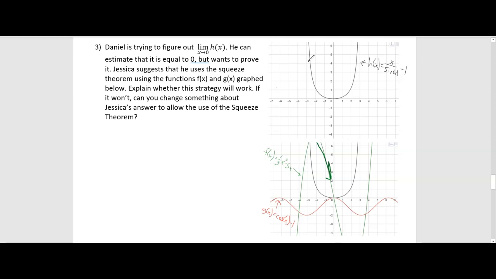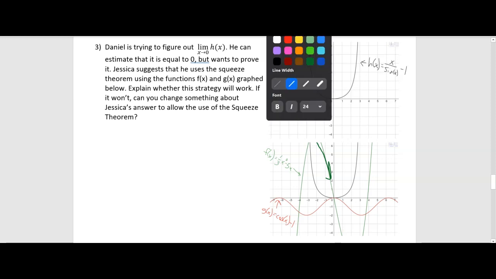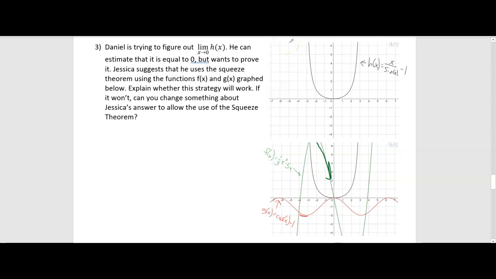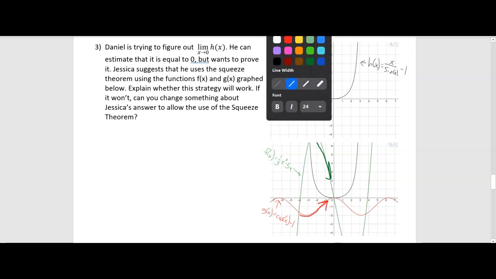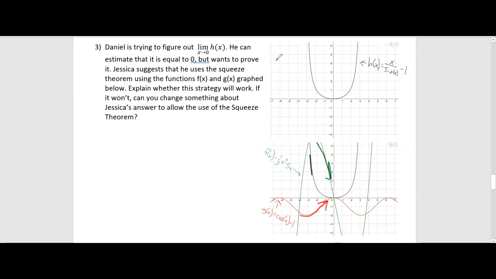Now, you may notice something that is off about this. Maybe it looks a little different. We'll come back to that in a second. She also chose another function, g of x, that's the red function, that looks to be the function she chose to be less than the other two functions. So we can kind of see how this h of x function fits between the green and the red function.